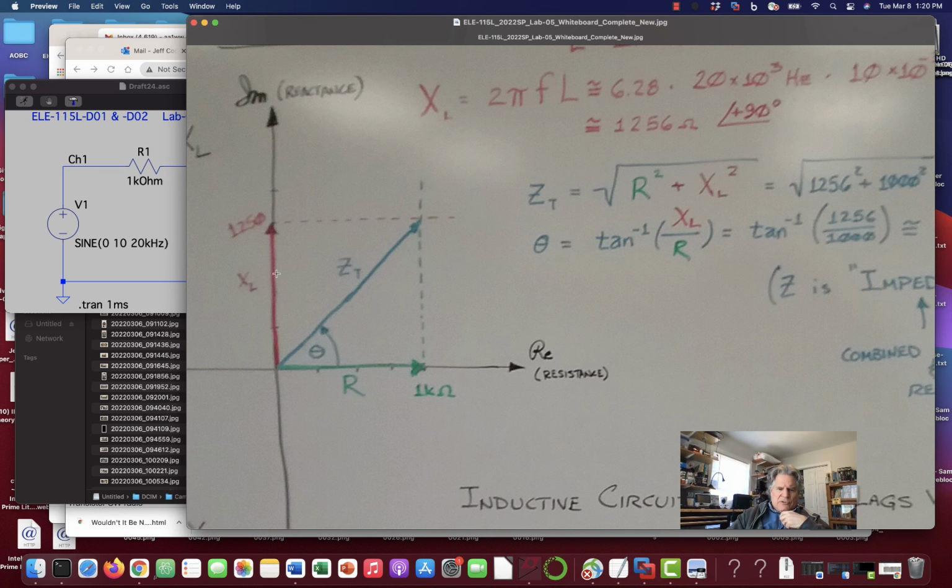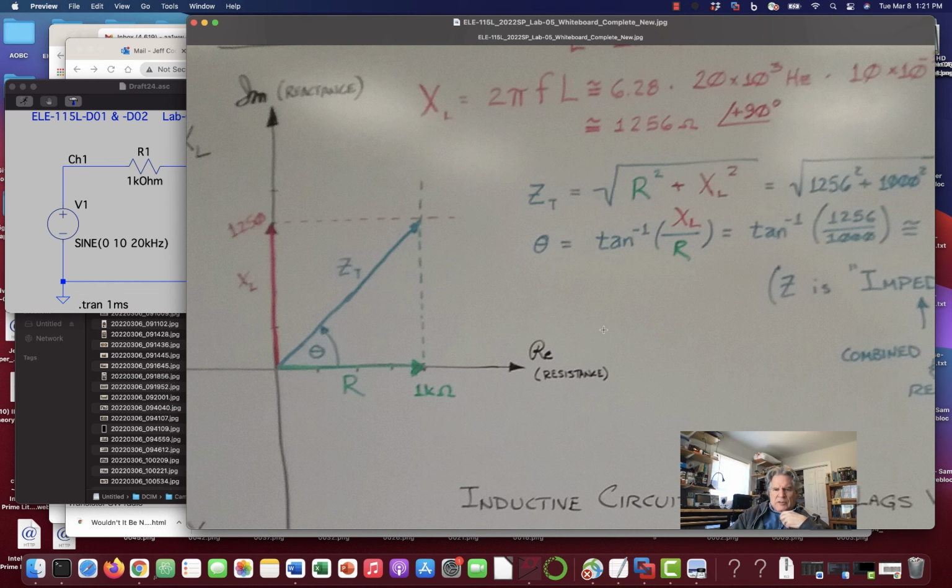And so I have this vector here, technically 1256 at plus 90 degrees, and the angle is measured counterclockwise, rotating from the x, or real axis, if you will. All right, so 90 degrees would be straight up.